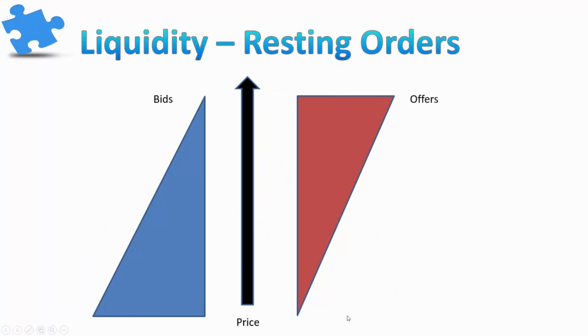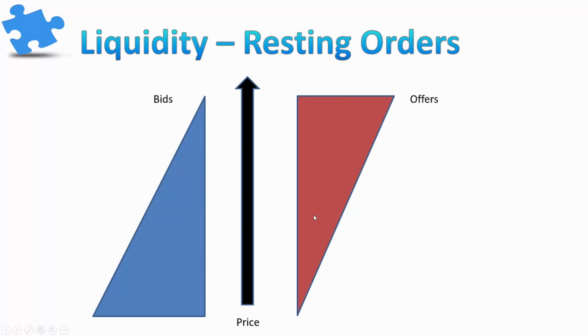Now, this is another way to imagine the liquidity picture. Bids getting thinner and thinner as we move up, and offers getting thicker and thicker as we move up, and bids getting thicker and thicker as we move down, and the offers getting thinner and thinner as we move down. Which brings us to another important point.